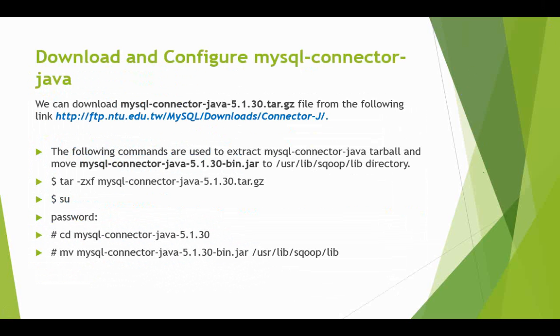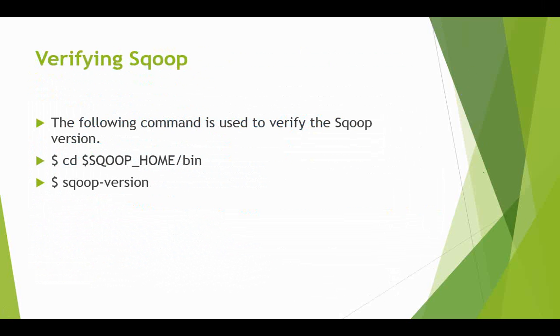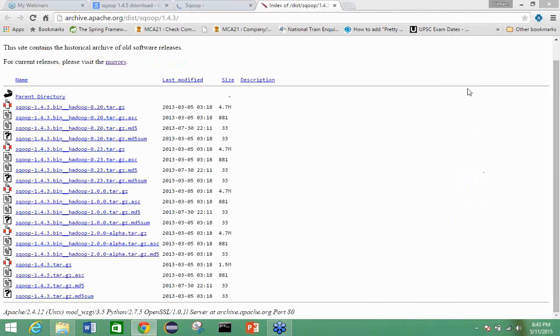When you open the Sqoop directory, a lib folder will be there, and you have to put the MySQL jar inside it. Then you have to specify the Sqoop home, in a similar way to what we have seen for the others.